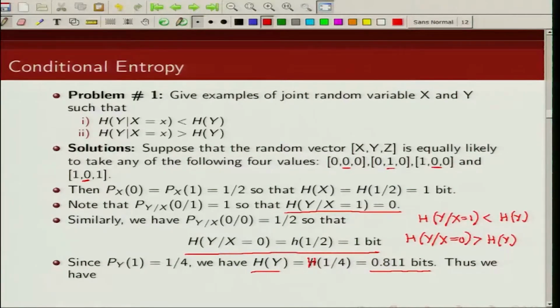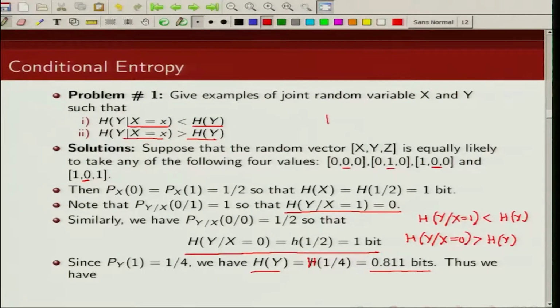So hence we have shown that conditioning on a particular event, it's possible that the uncertainty in y may become more than the uncertainty in y without conditioning on this event, or conditioning on a particular event can reduce the uncertainty in y.